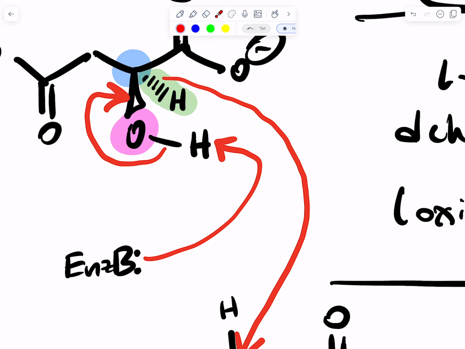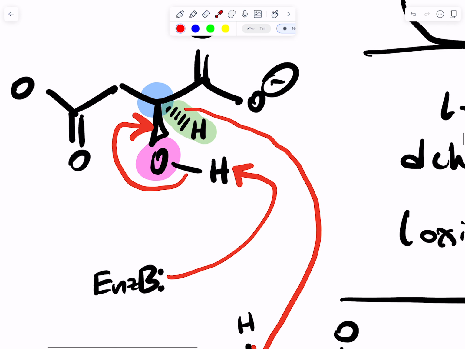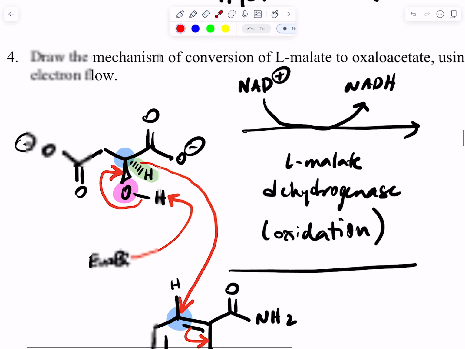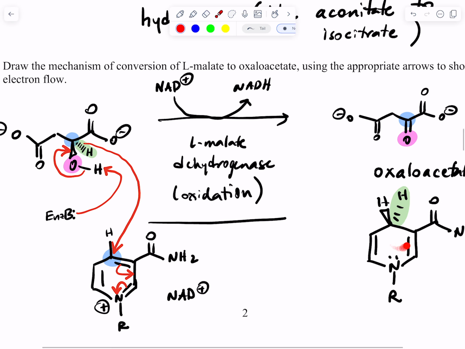I don't know what experimental evidence would demonstrate that. Actually, what you would do is prepare a labeled molecule with maybe deuterium here instead of hydrogen, and then monitor where the deuterium ends up. If it ended up on NADH, then you would know that it's that hydrogen that got transferred.